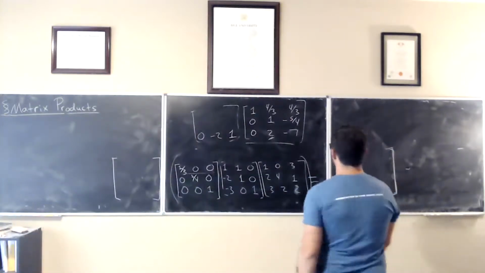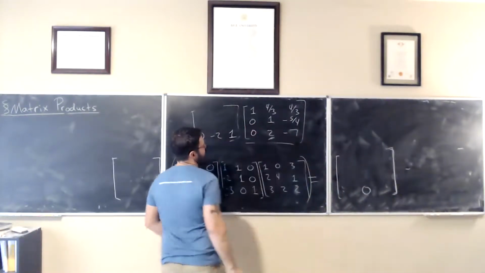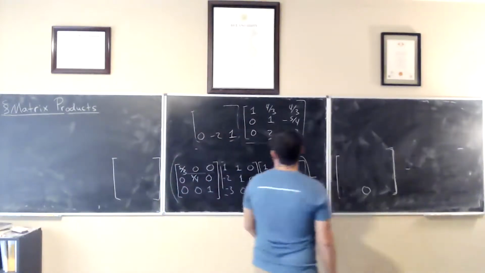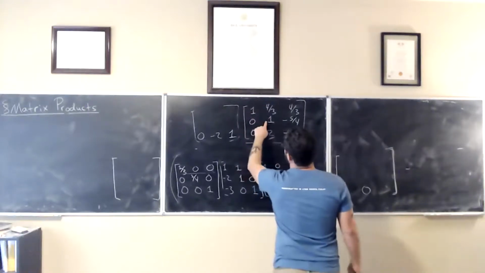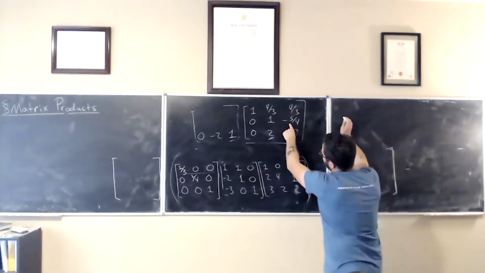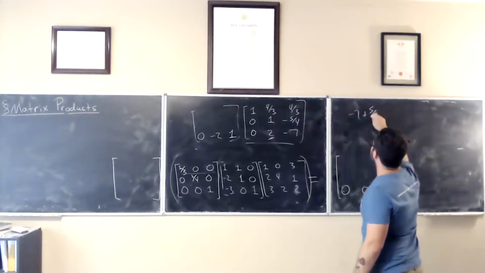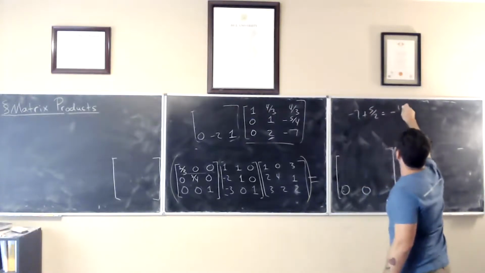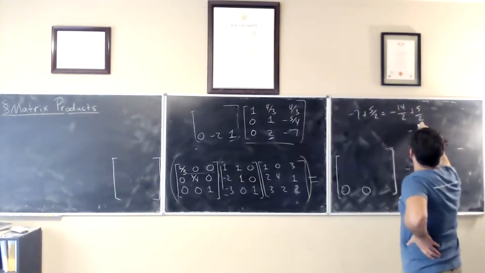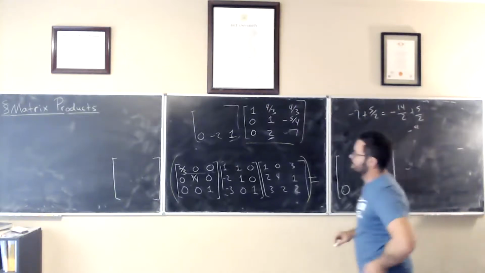What's also nice about this is that if there are zeros to the left of the 1, then you're not going to add anything, so there are still going to be zeros over here. So we took 0 of that, -2 of that, added to that, so there's a 0 right there. Negative 2 of that is positive 5 halves. So negative 7 plus 5 halves equals negative 2 plus 5 over 2, so negative 9 halves.